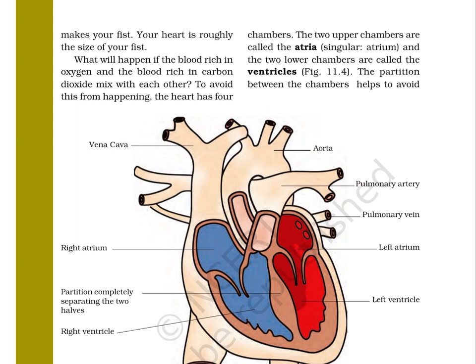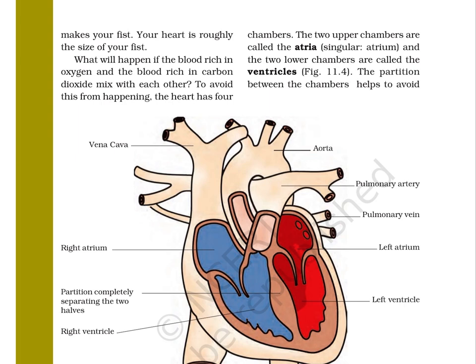Page 124. What will happen if the blood rich in oxygen and the blood rich in carbon dioxide mix with each other? To avoid this from happening, the heart has 4 chambers. The 2 upper chambers are called the atria. In singular, it is atrium. And the 2 lower chambers are called ventricles.